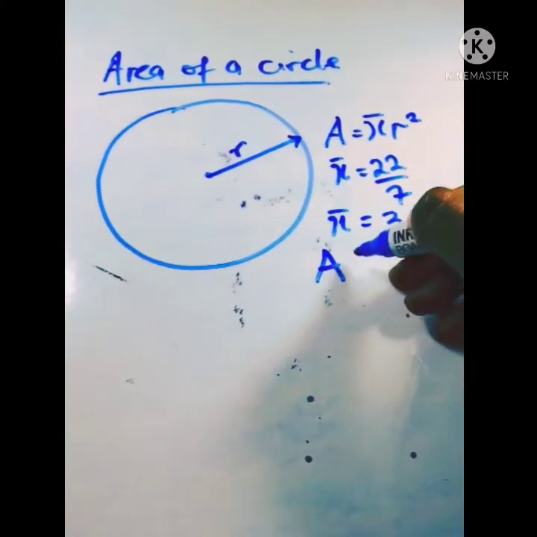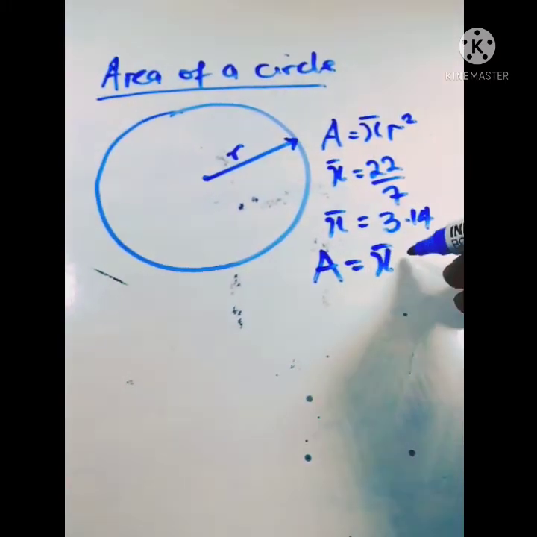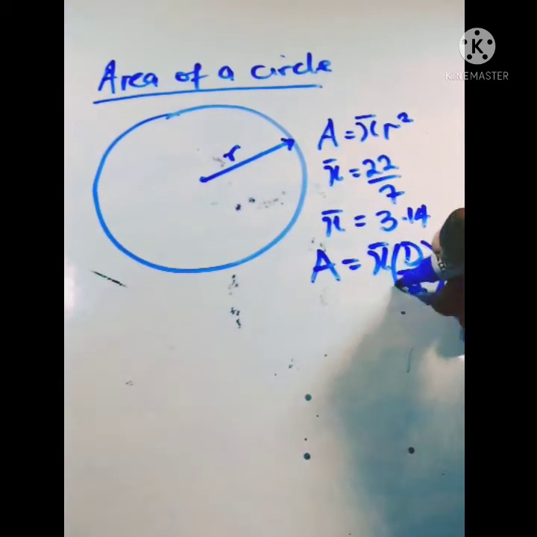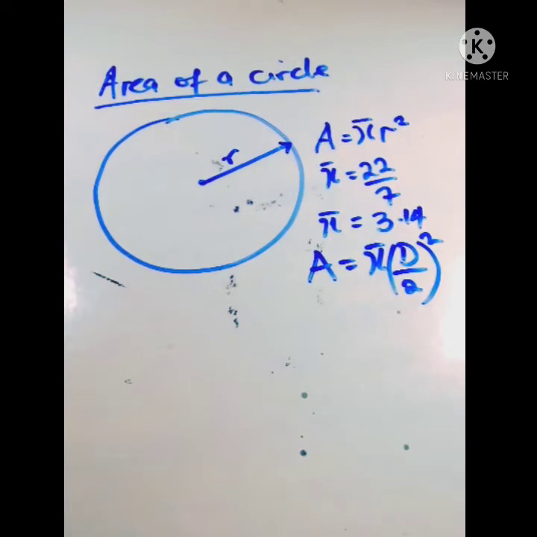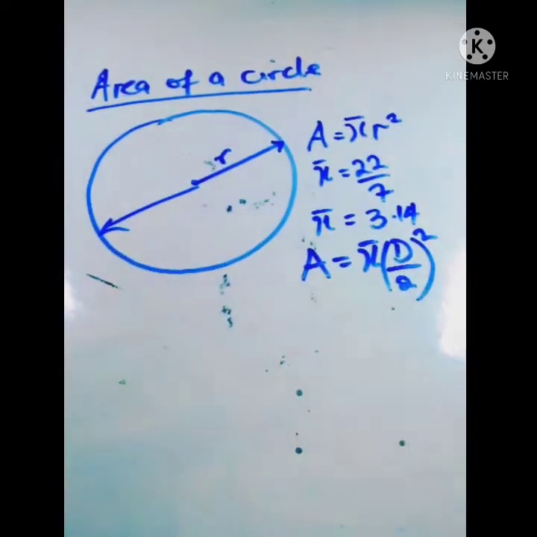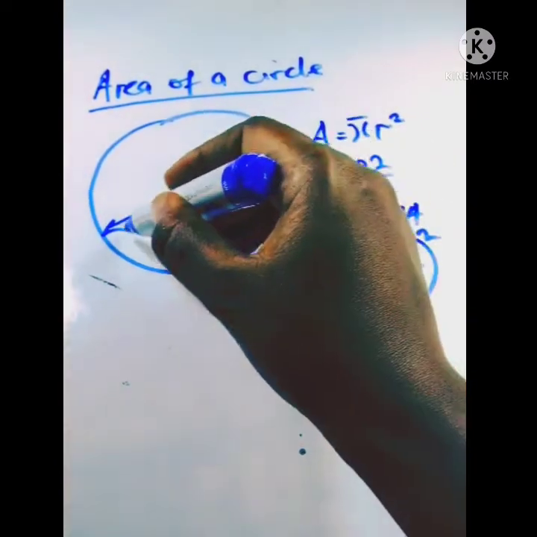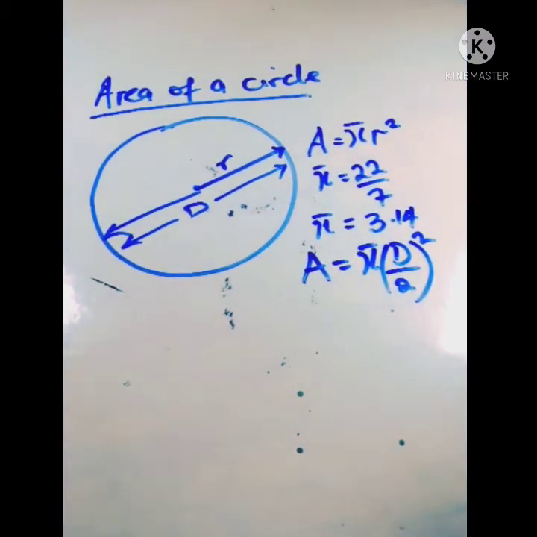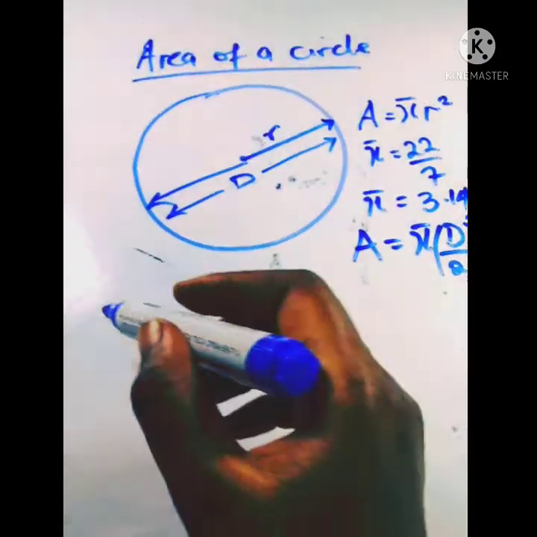Also, another area formula is pi times diameter over 2, all squared. The diameter is twice the radius. So now let's solve an example.